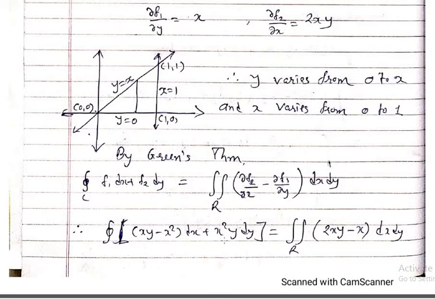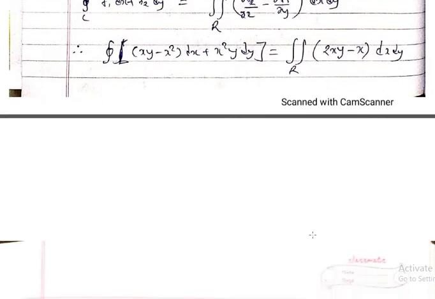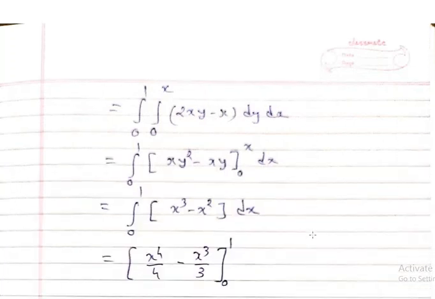So putting f1 and f2, the closed integration of xy minus x square dx plus x square y dy is equal to the double integration of 2xy, del f2 by del x, minus del f1 by del y, which is x, dx dy. Now the limits of R we have already written. The first one is from 0 to x, the second one is from 0 to 1.